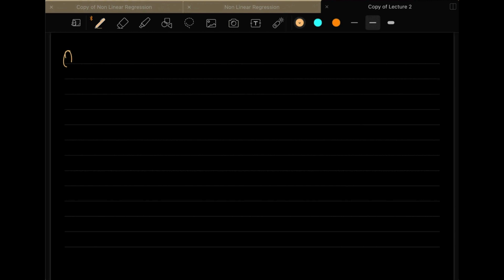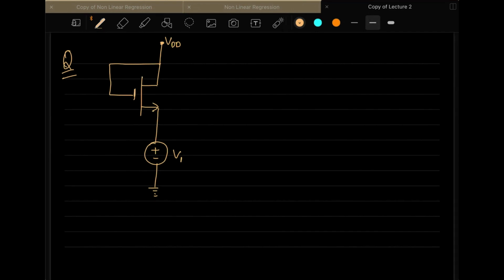So if you have a circuit which is like this, this circuit is basically called a diode connected circuit.